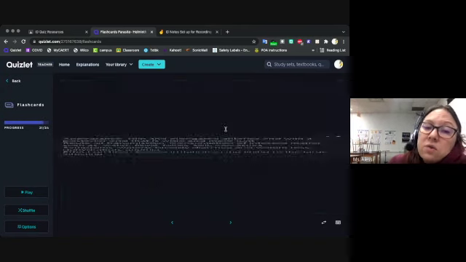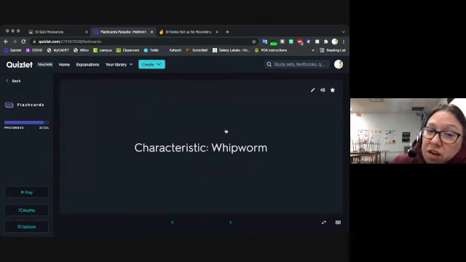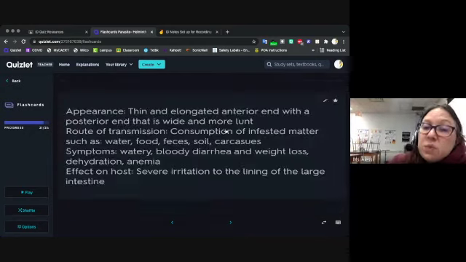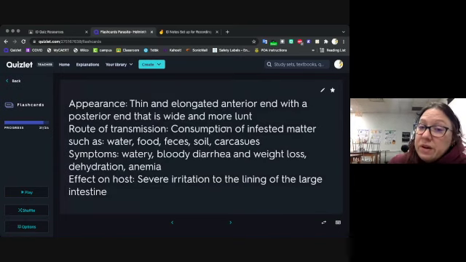All right, the next is a whipworm. If I think about the word whipworm, this worm is actually going to look as though it is a whip. They are thin and elongated at the anterior front end, with the posterior wide and more blunt. Route of transmission: consumption of infested matter such as water, food, feces, soil, or carcasses.